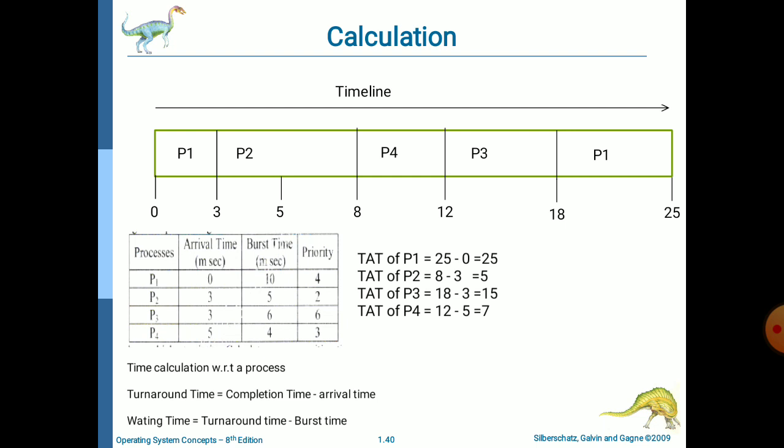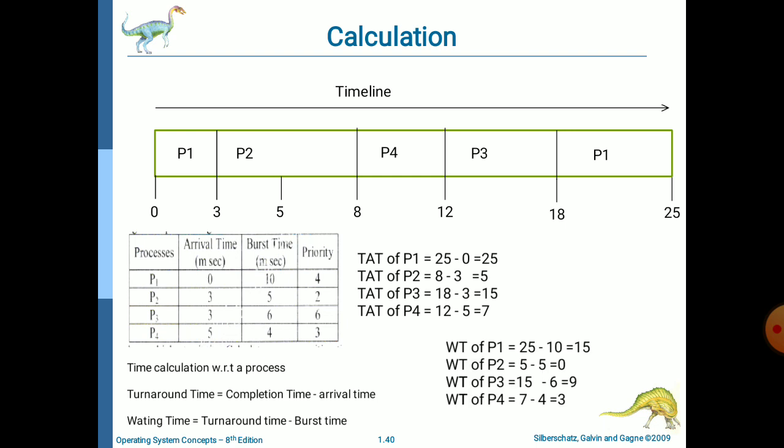For process P2, it finishes at 8 and appears at 3, so its turnaround time is 5. P3 appears at 3 and finishes at 18, so its turnaround time is 15. And process P4 appears at 5 and finishes at 12, so turnaround time is 7.